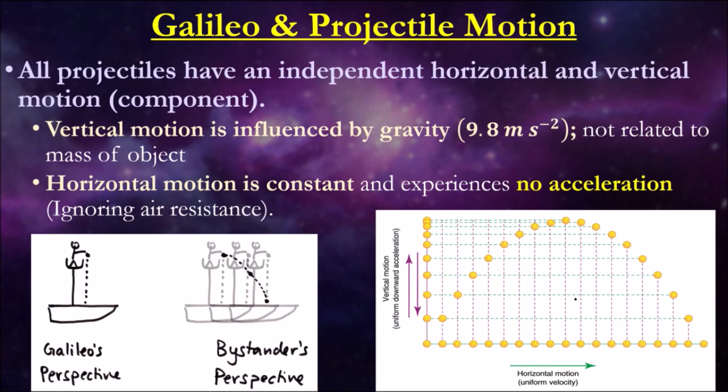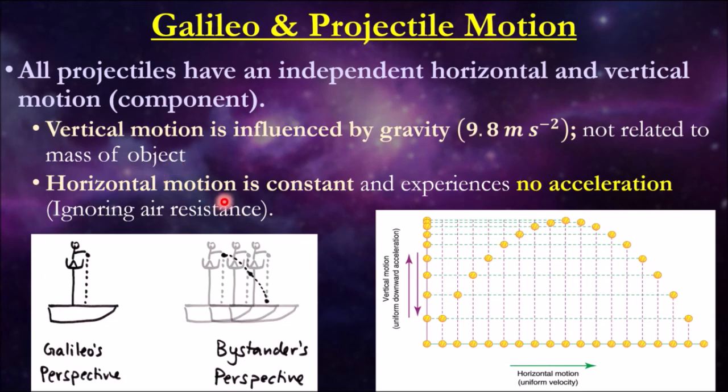So there's that. What can we conclude about Galileo's ideas of projectile motion? One is that the horizontal and vertical components are directly opposite to each other, so they are independent of each other. We also know that the vertical motion is influenced by gravity only, and anything falling is not related to the mass of the object.